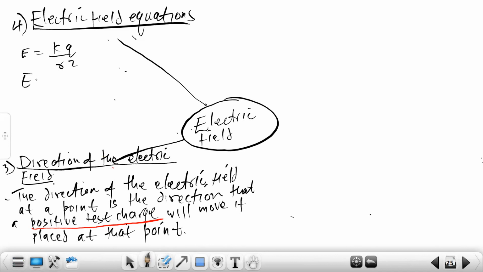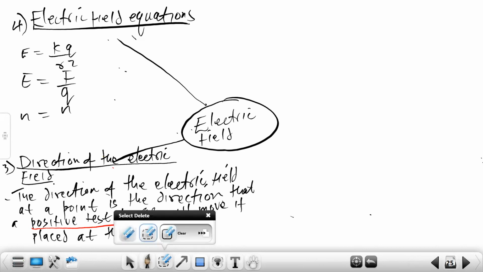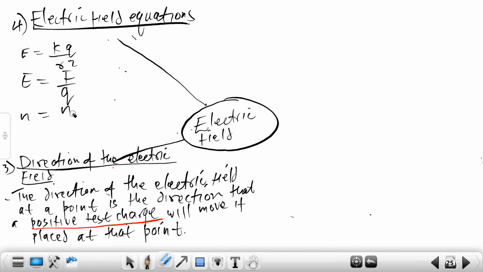And then we have E equals F over Q. And I added N equals Q over Qe. So these are the equations that we are exposed to, or that we are going to use.